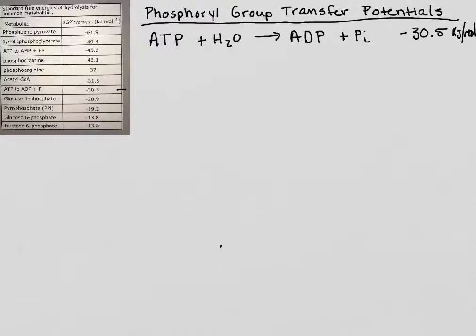Now, additionally, we need to write the endergonic half reaction. So we know that glucose can get phosphorylated to make glucose 1-phosphate.